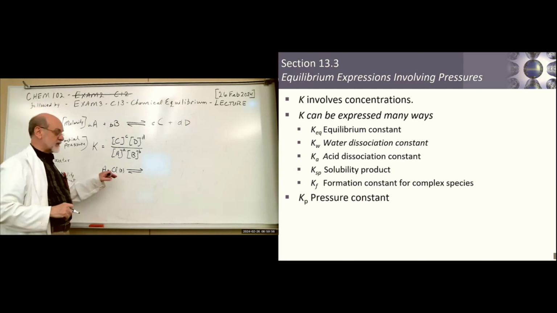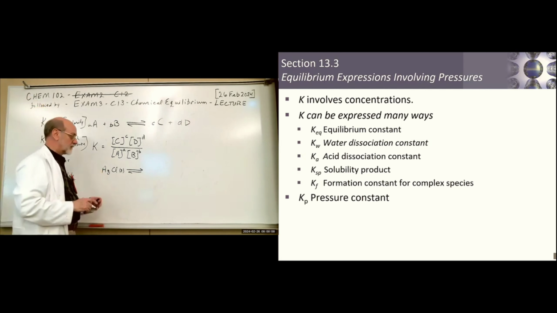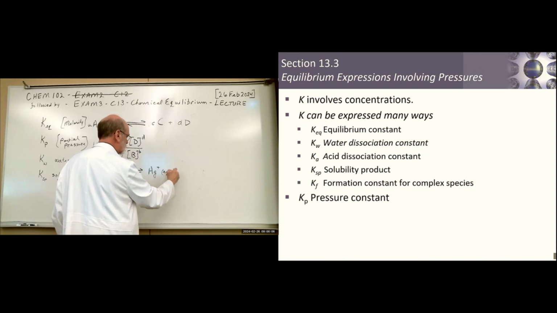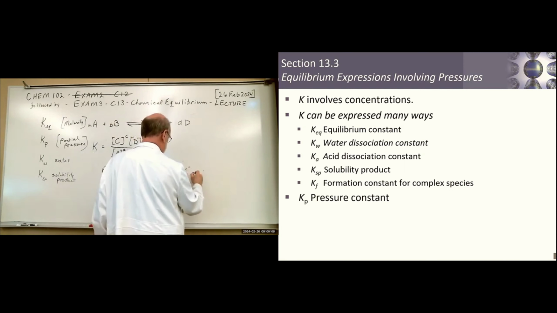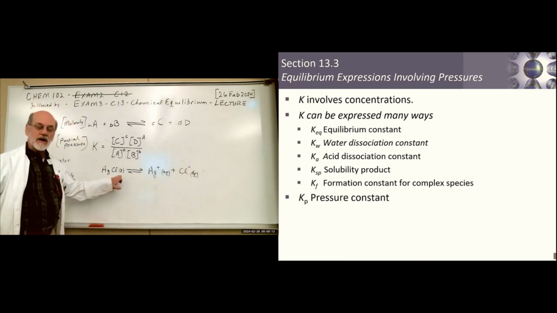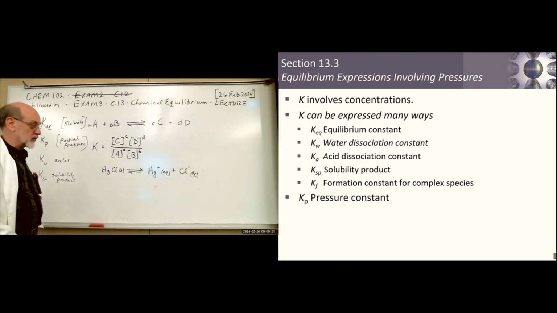But the fact of the matter is, there is some dissolution, not much, a little bit, can be quantified. Right, so this can go into aqueous solution, and this would be an aqueous solution. And here again, that solid concentration does not change. Right, solids and pure liquids don't change concentration, so it stays out of the expression.